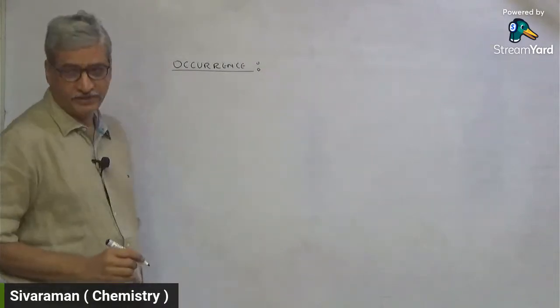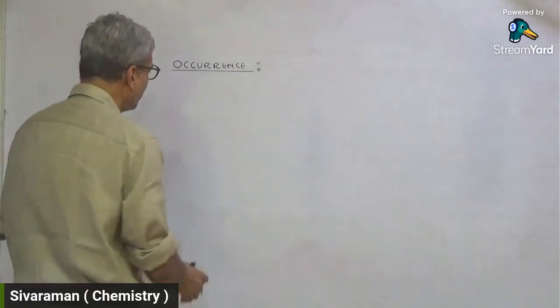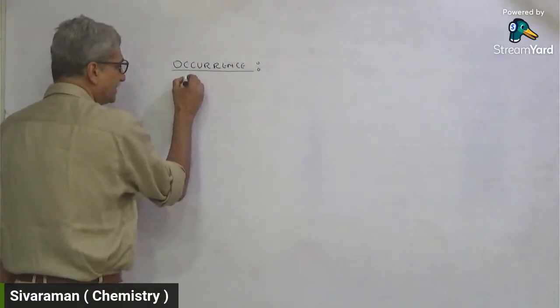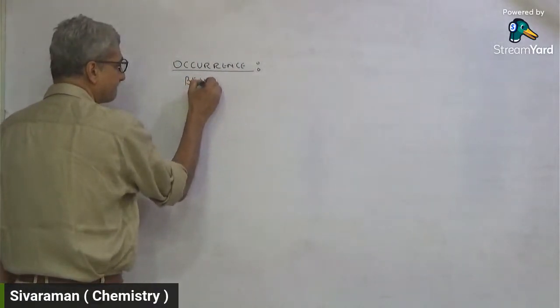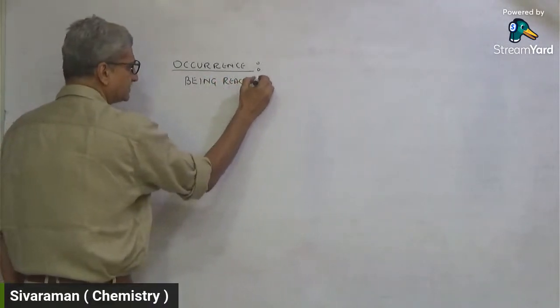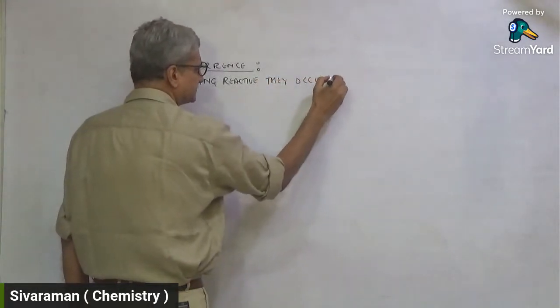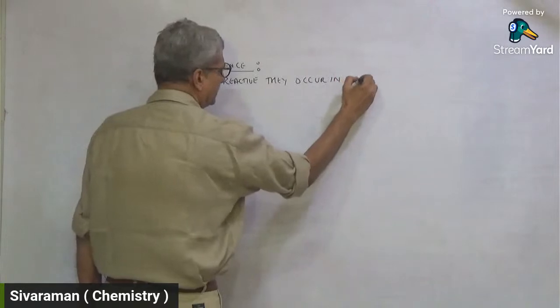Now, when we talk of fluorine, one thing you should always understand is that they all occur in the combined state. That means there is no free state. So that's the first point that we should know. Being reactive, they occur in the combined state.